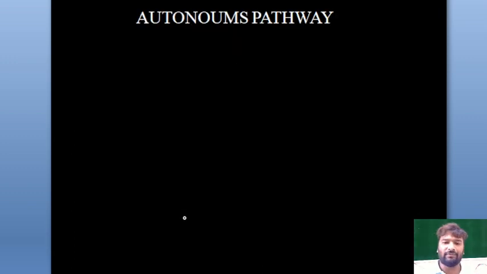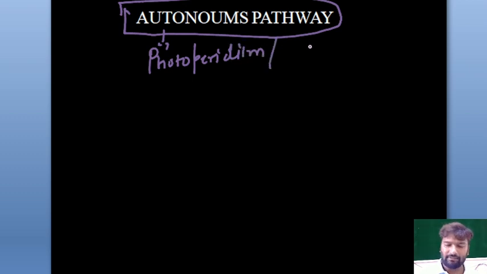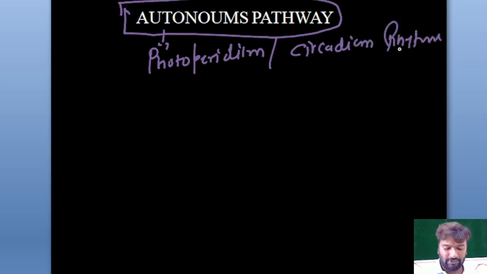Now come to the next, the autonomous pathway. Already discussed that in the autonomous pathway we include mainly photoperiodism and circadian rhythms.